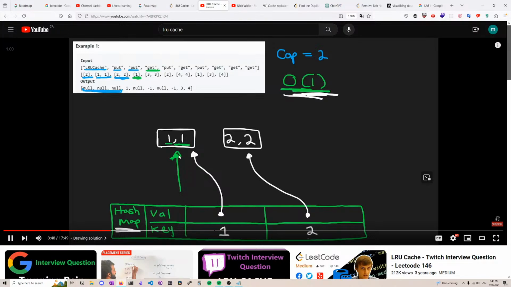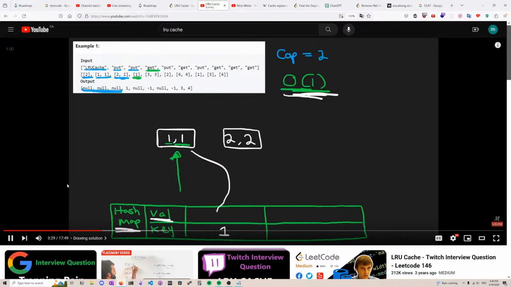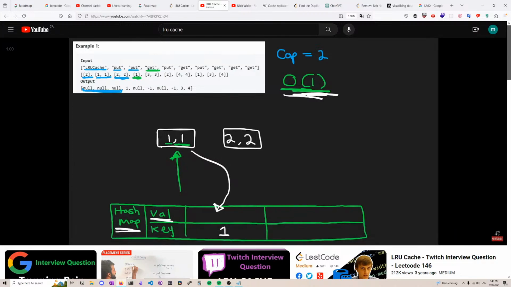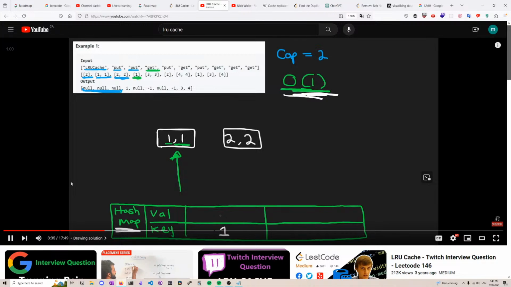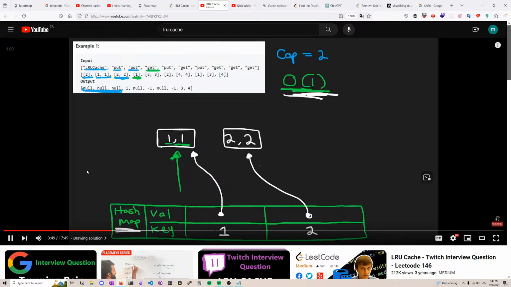So for key value 2, we're going to point at this node.